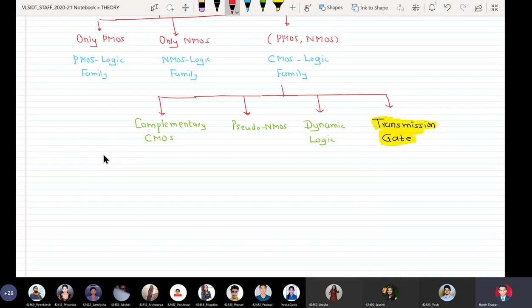Complementary CMOS logic family uses an equal number of PMOS and NMOS devices in pull-up and pull-down sections respectively.